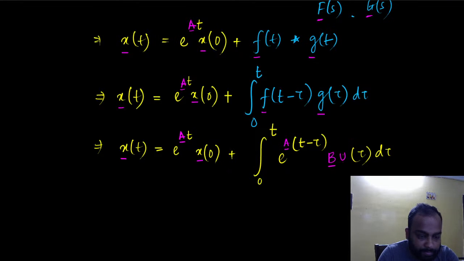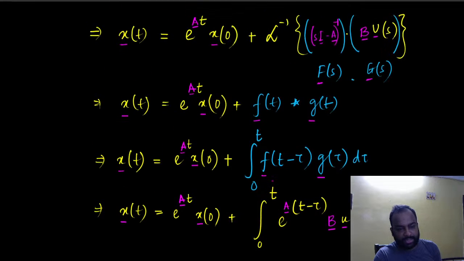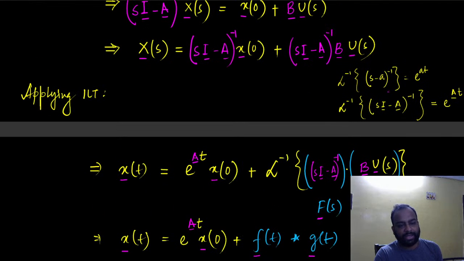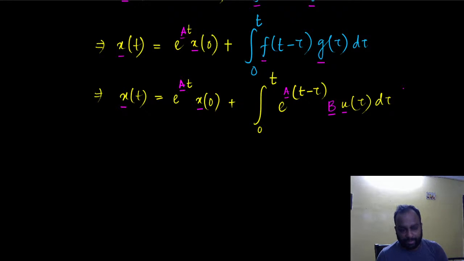Because f(t) is e to the power At, f(t minus tau) would be e to the power A(t minus tau), where A is the matrix quantity. Similarly, g(t) was Bu(t), so g(tau) would be Bu(tau). This is exactly the solution of the state equation that we derived yesterday.